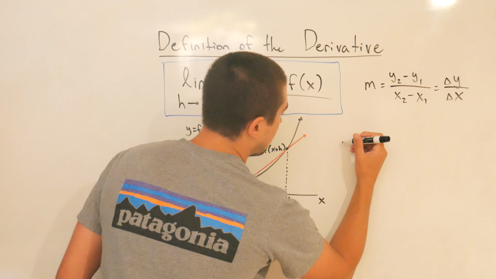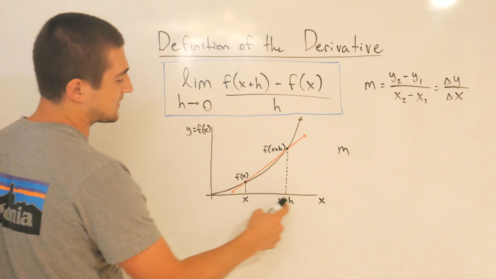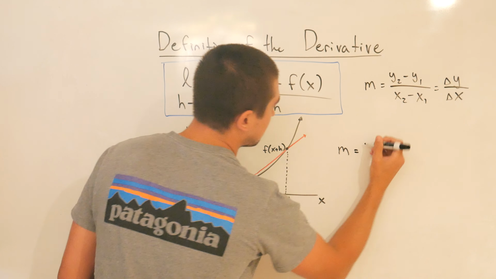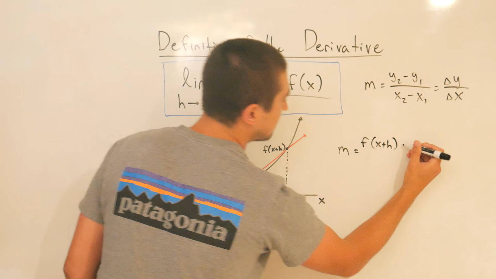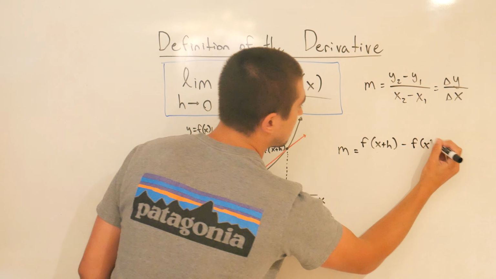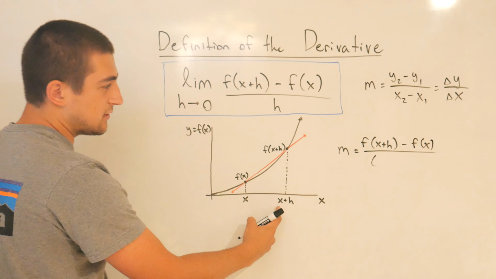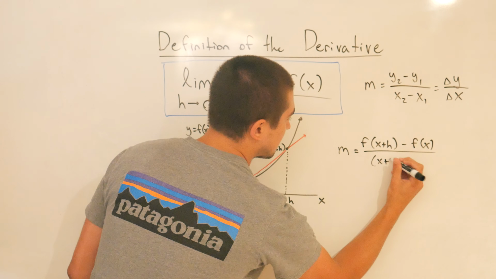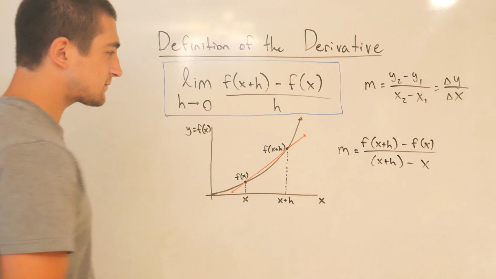Okay? So the slope there, or the average slope between these 2 points, x and x plus h, is going to be f of x plus h, or y2, minus f of x, or y1, divided by x2, x plus h, minus x1, which is just x.